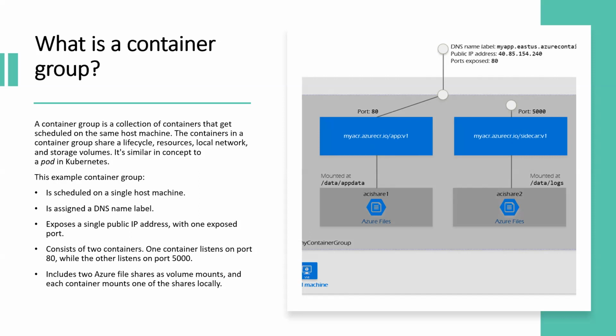It exposes a single public IP address with one exposed port. It consists of two containers. One container listens on port 80, while the other listens on port 5000. It includes two Azure file shares as volume mounts, and each container mounts one of the shares locally.